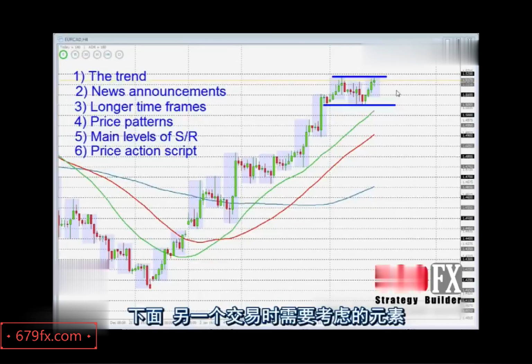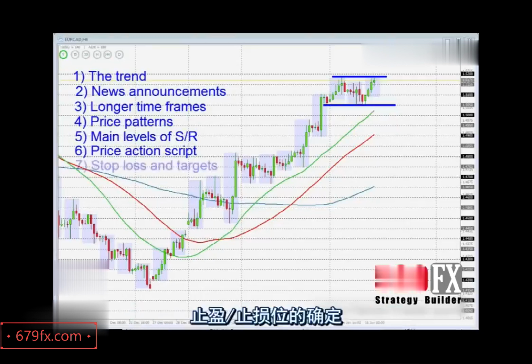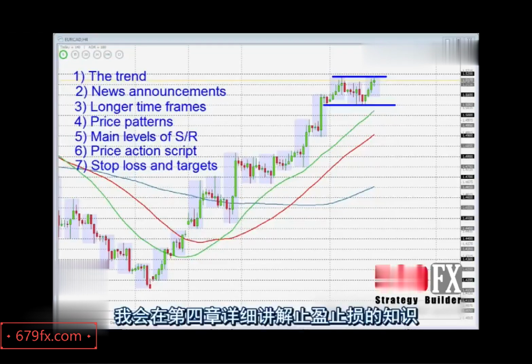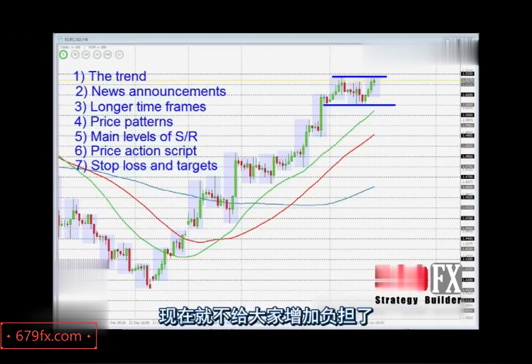All right. Another element every trade plan should have is where will I place my stop loss and where will I place my price targets. I talk all about stop losses and price targets in chapter number 4, so I don't want to overload you with information.